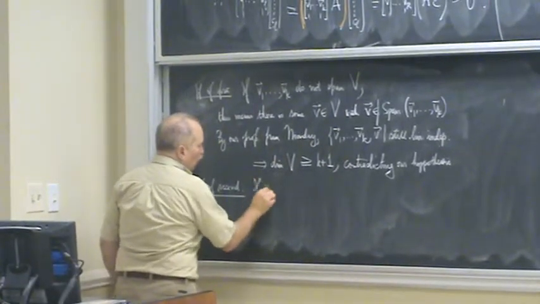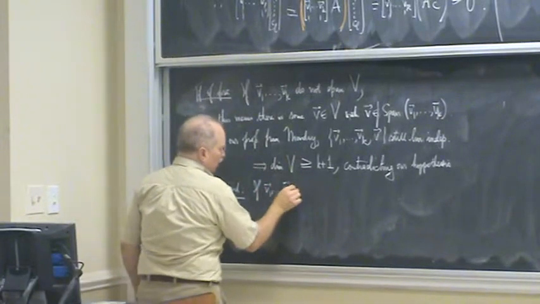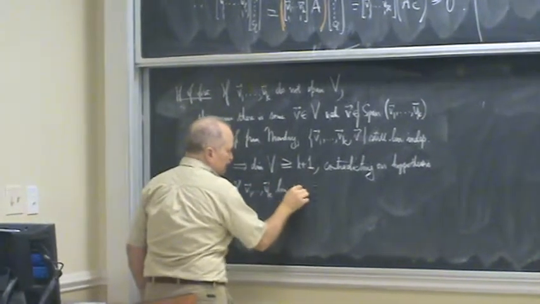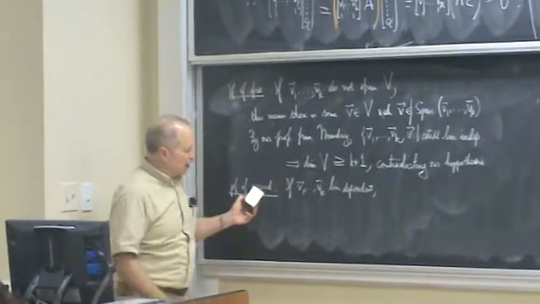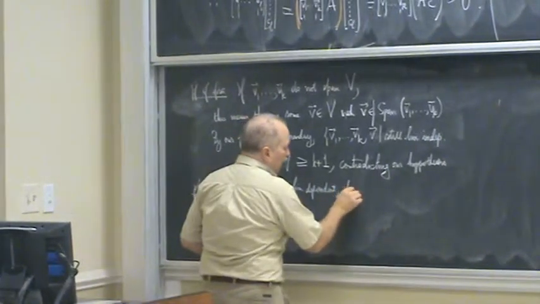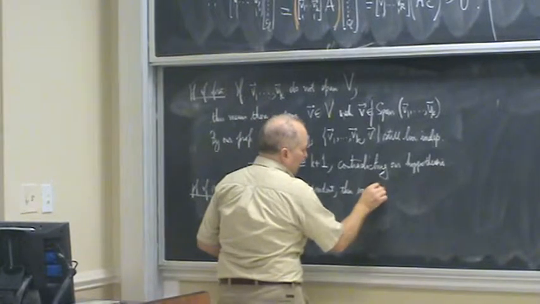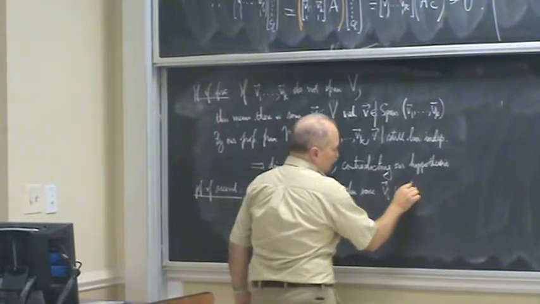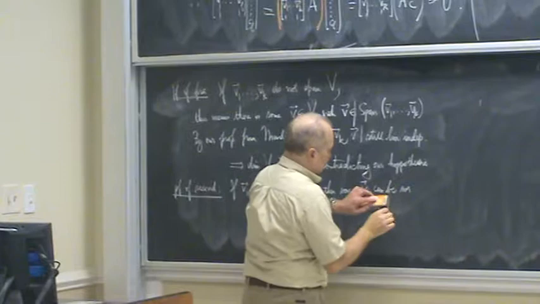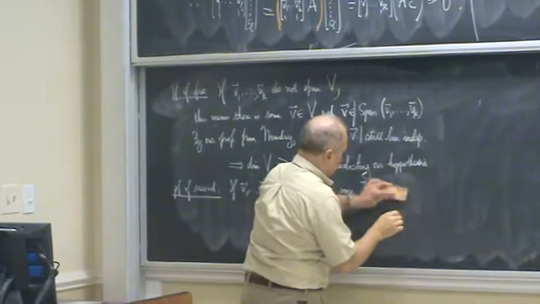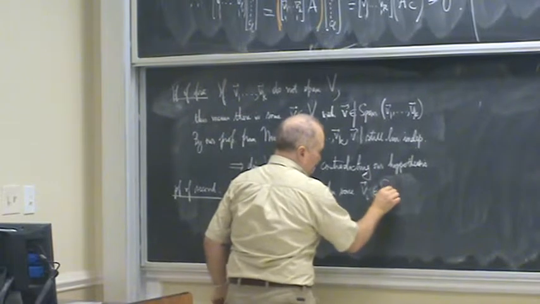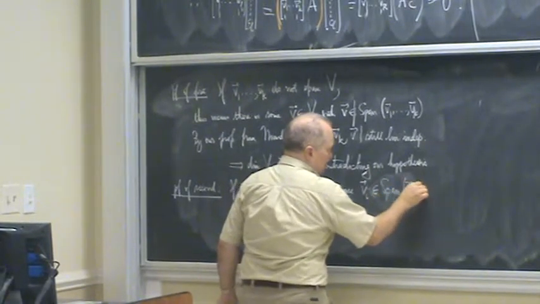If V1 to Vk are linearly dependent, then, we actually did argue this basically the other day, some Vi is in the span of the remaining ones.